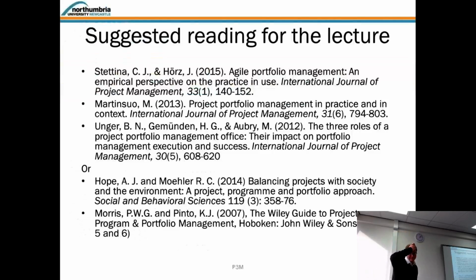Okay. Suggested reading: I had to change it a little bit because I was frustrated with the Meller version. Harvey Meller has something on portfolios, but he talks about products, which is misleading. This is not what we are talking about. This is a wonderful output that companies use already, but there's a huge difference. So I recommend you read either of those, which are empirical papers.